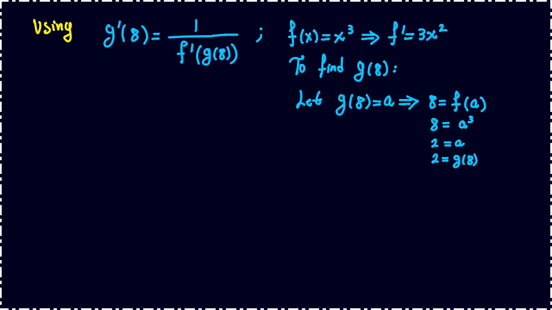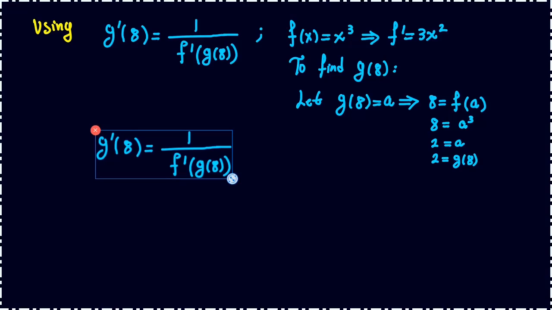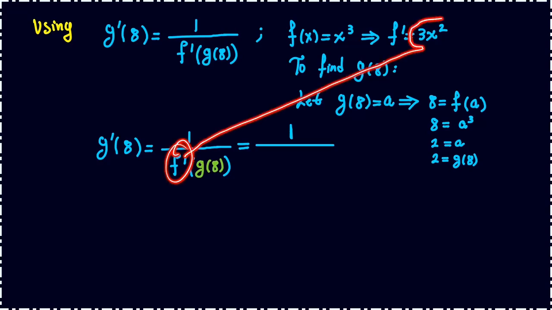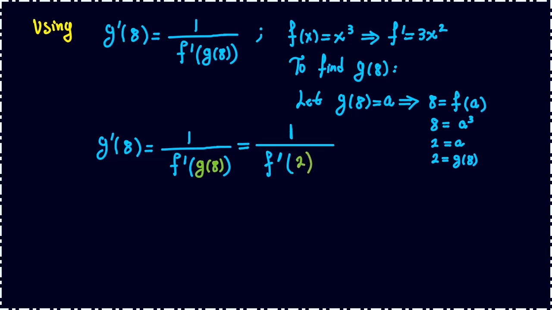All right. So now, according to this formula, g prime of 8 is equal to 1 over f prime of g of 8. So we have access to the derivative of f. The derivative of f is 3x squared. G of 8, which we just found, is 2. You are plugging 2 into the derivative of f.